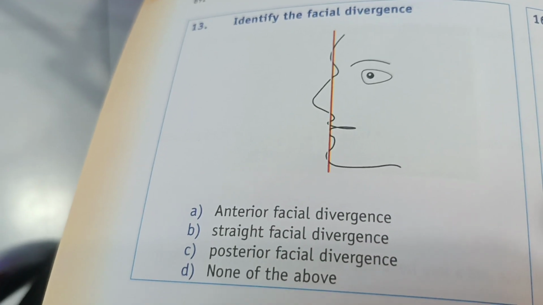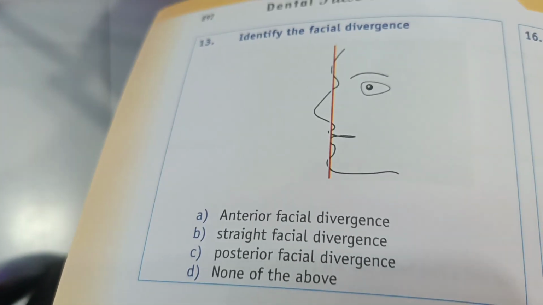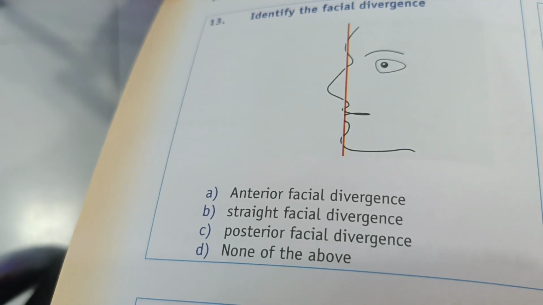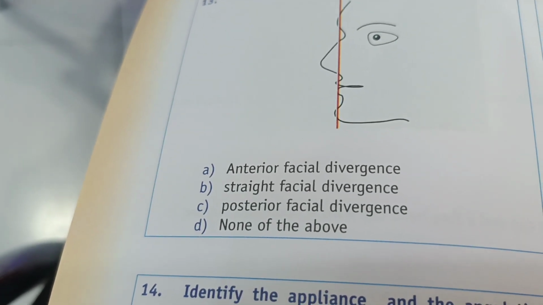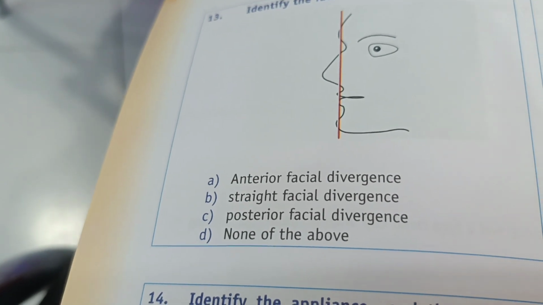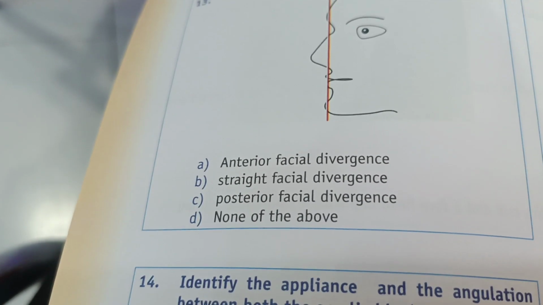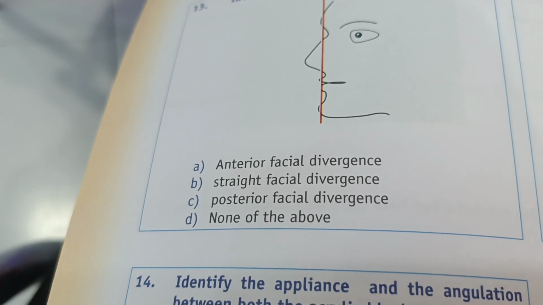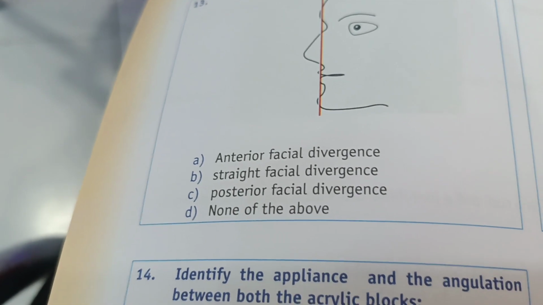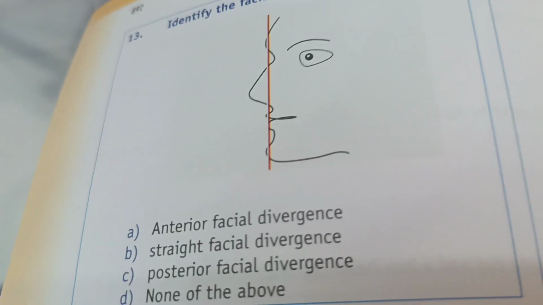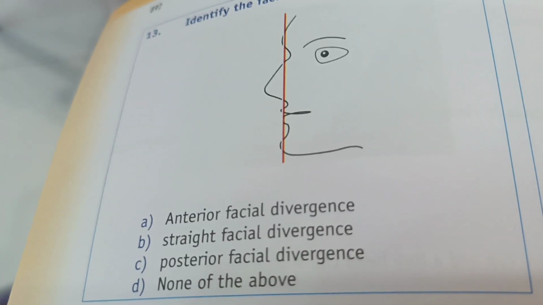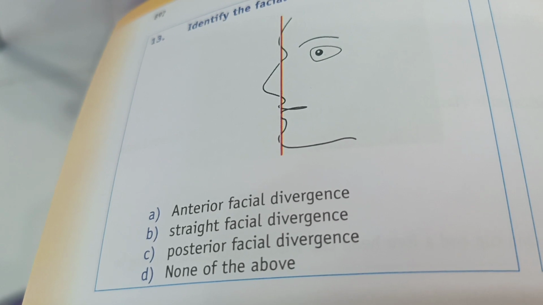Identify the facial divergence again, guys. I already explained two kinds of divergence to you, so you should try to solve this. Option A is anterior facial divergence, option B is straight, option C is posterior facial divergence, and option D is none of the above. If I zoom in, you can see clearly it is straight divergence.